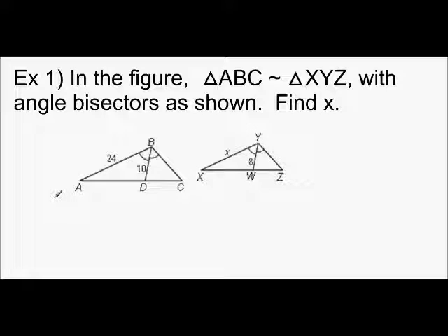Example 1. In the figure below, triangle ABC is similar to triangle XYZ with angle bisectors as shown. You can see angle ABD and DBC both have 1 stripe, as do XYW and WYZ. So those angles are all the same. And we want to find x.